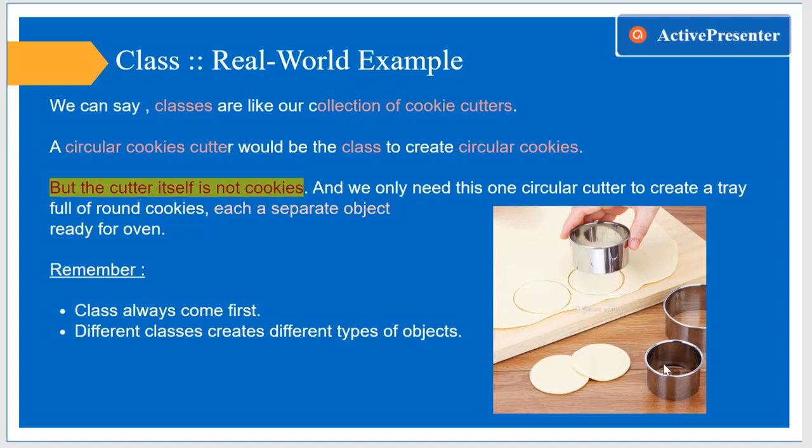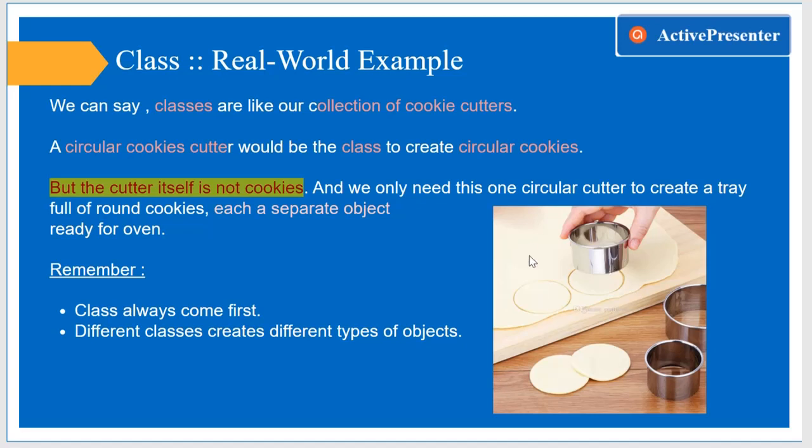This is one class, this is another class, this is another class, and a circular cookie cutter would be the class to create circular cookies, with different shapes and sizes. But the cutter itself is not a cookie. Can we say the cutter is a cookie? No.